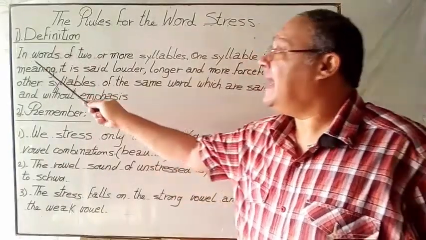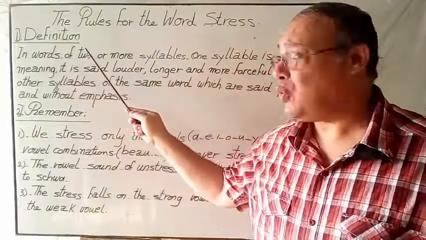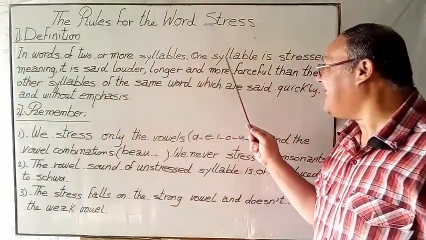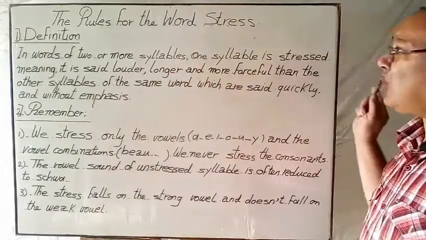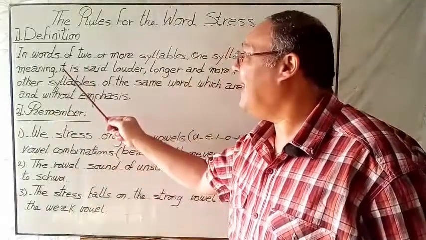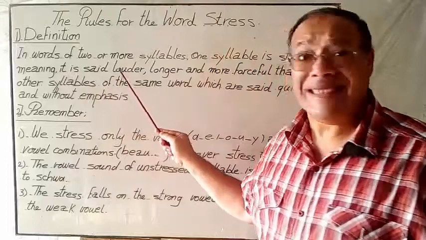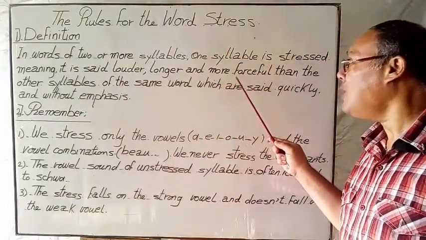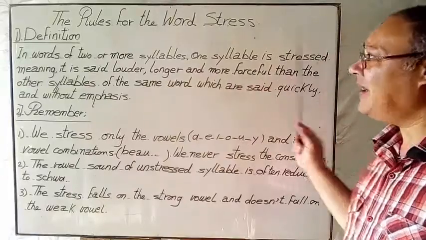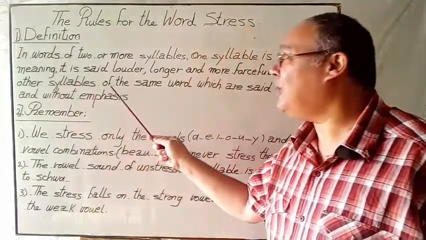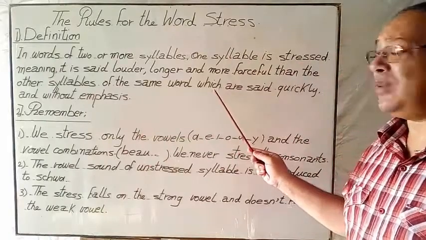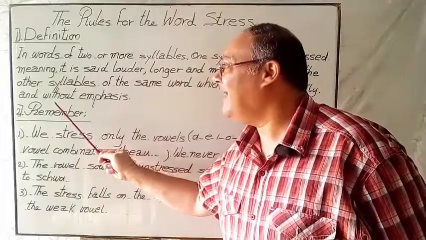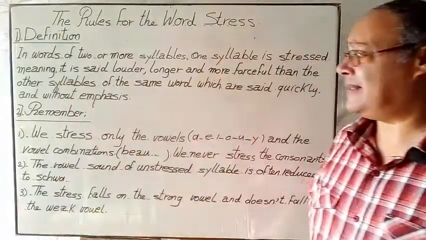Definition. In words of two or more syllables, one syllable is stressed, meaning it is said louder, longer, and more forceful than the other syllables of the same word, which are said quickly and without emphasis.